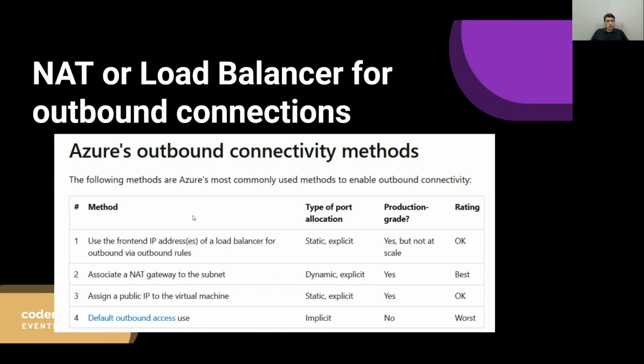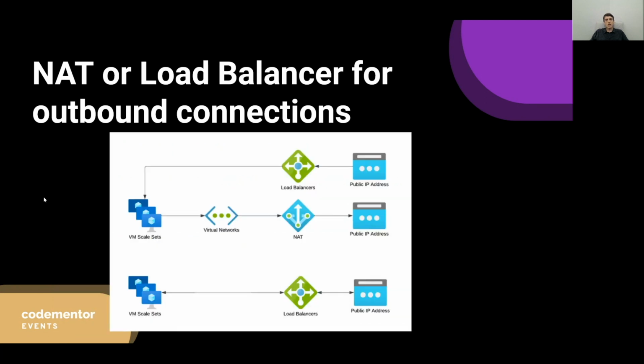But there is a potential problem here. The top configuration is NAT gateway and the bottom configuration is load balancer. The configuration as load balancer looks much easier, and it's actually easier because load balancer is a multi-zone resource.